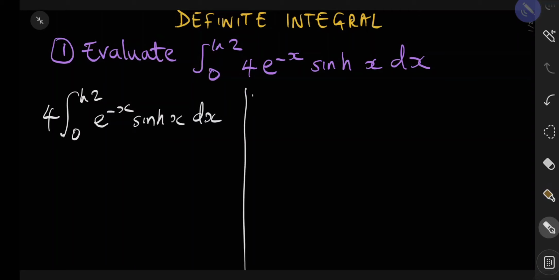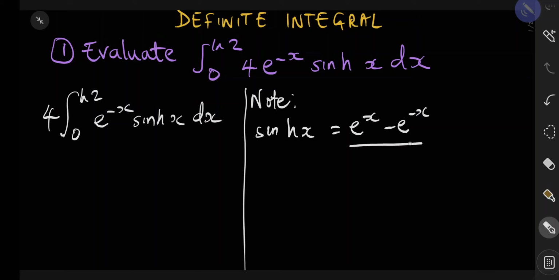And just for your notes, sinh x is also written as e raised to power x minus e raised to power minus x all over 2. Cosh x is also written as e raised to power x plus e raised to power minus x all over 2. Think of cosh x as the opposite of sinh x. You only change the minus sign in sinh x to a plus sign in cosh x.